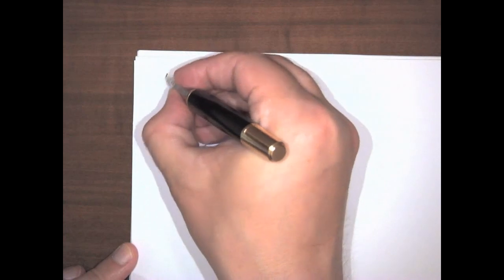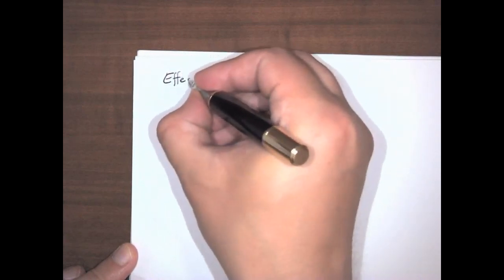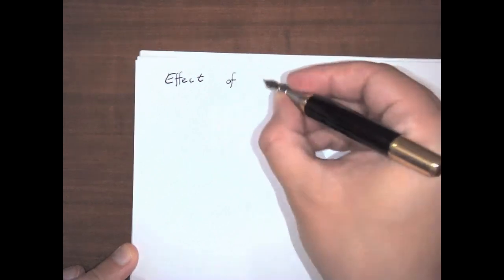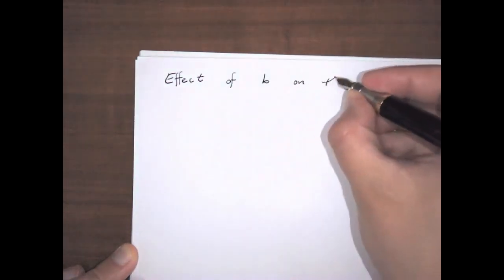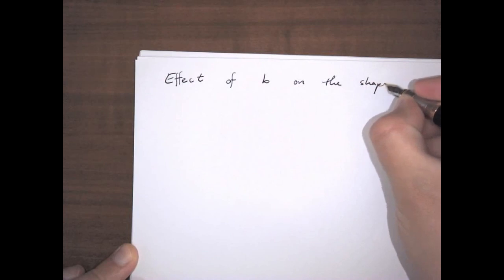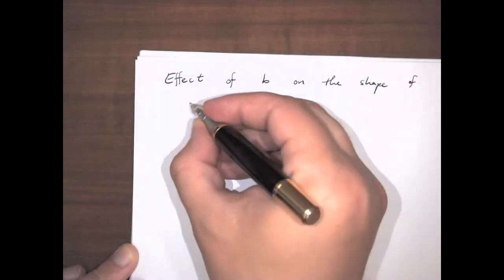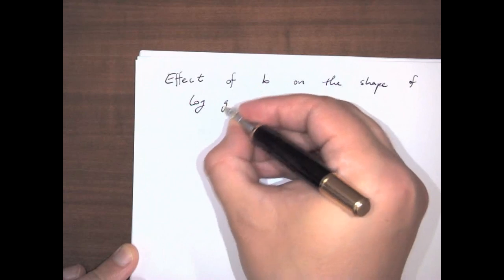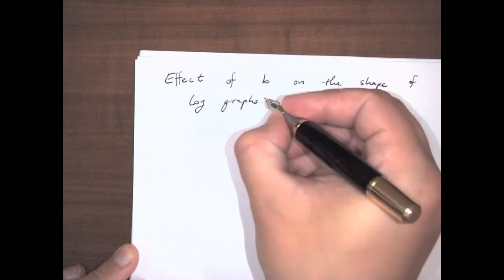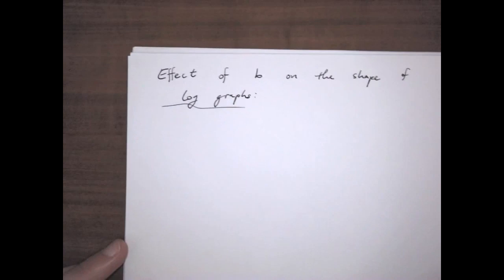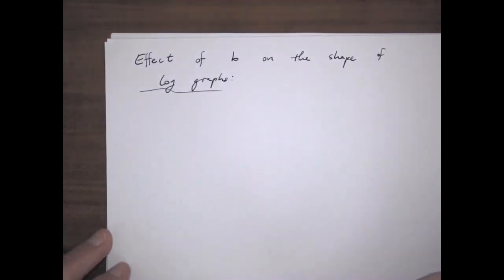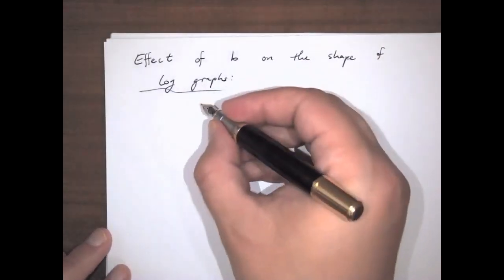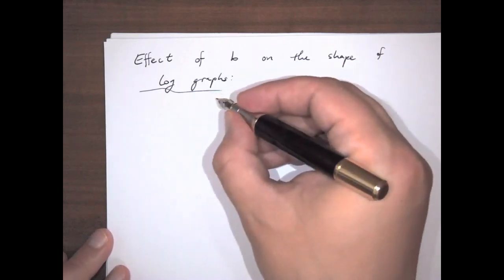Now, one last thing to discuss here is the effect that the b has on the shape of the graph. Well, in exponential graphs, having a higher value of b means a steeper growth, meaning a steeper increase in y.